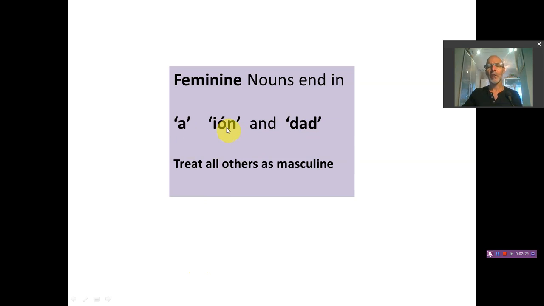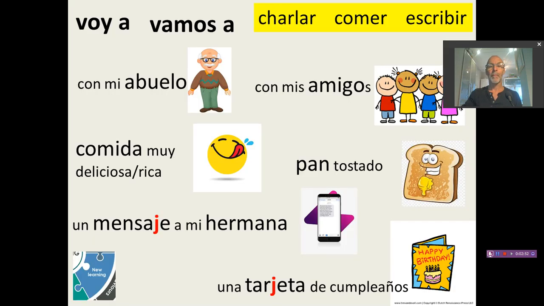A, ion, or dad? And if it does, it's probably feminine, almost certainly. So you've only got to remember three things, at least initially: the feminine endings a, ion, dad. Treat everything else as masculine. This doesn't work 100% of the time, but it's pretty reliable.